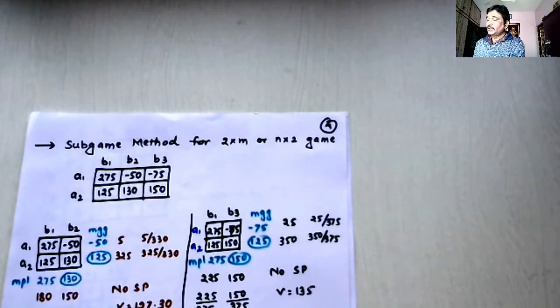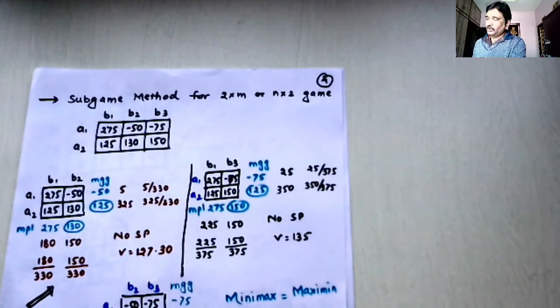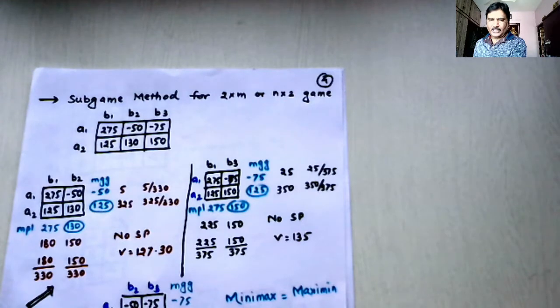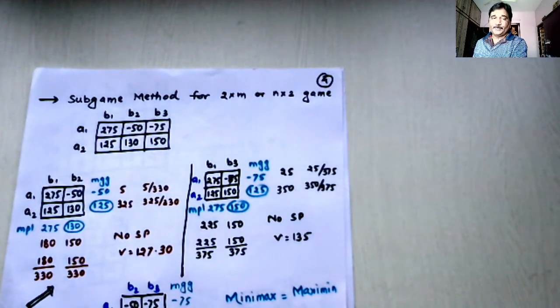All right. Here, even though I have found out the proportions of courses of action for player B, I will advise you not to do these computations before you complete the other computations.